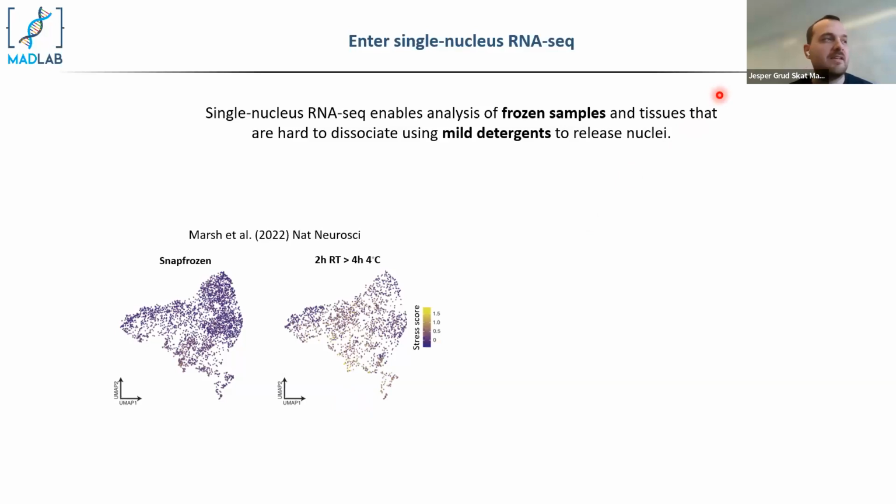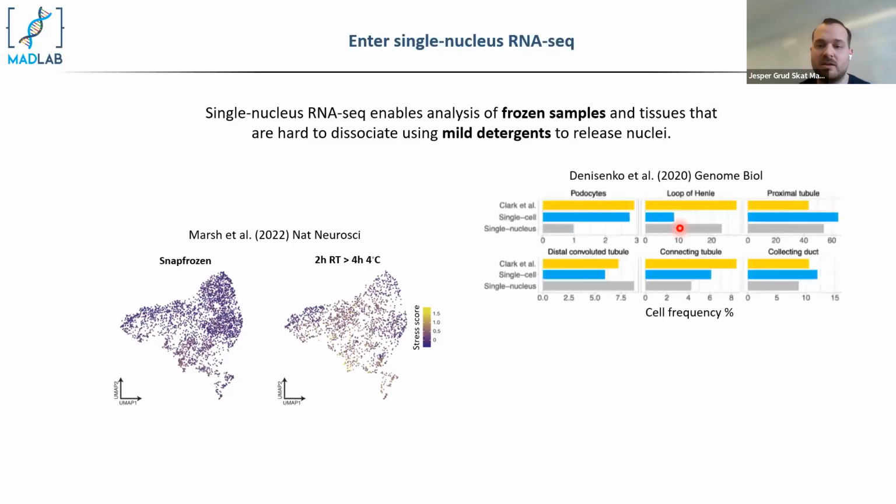If we look at what we otherwise can find with single-nucleus RNA sequencing, for example, if we look at composition, Nico and colleagues have made a really nice study where they compare single-nucleus and single-cell RNA sequencing, and how they're able to recover the true composition of tissues. Here they have a truth data set from Clark et al., and then they compare single cell and single nucleus.